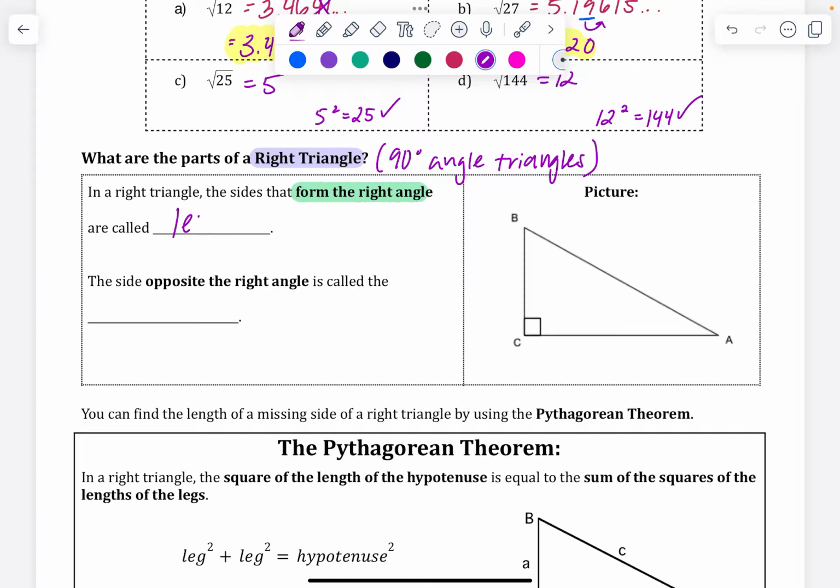Right, so I'm going to look at the two sides that form the right angle. Here we go, right? These two sides form the right angle. So here's one leg, here's the other leg. Okay, and then it says the side opposite the right angle is called the hypotenuse.